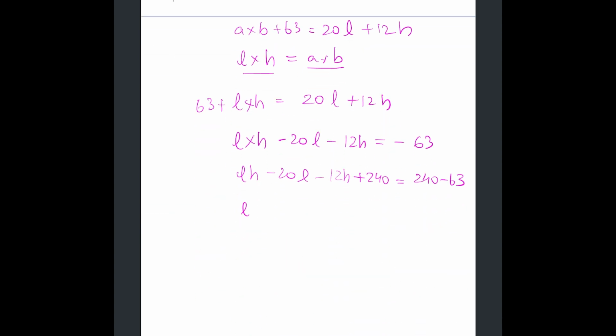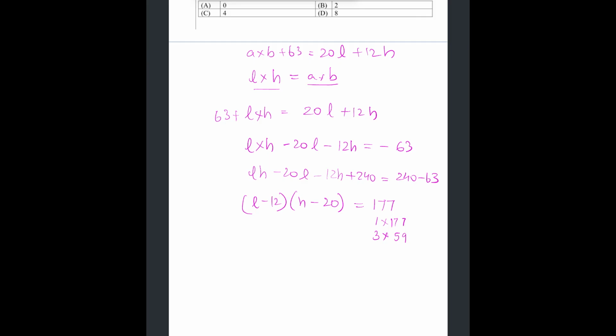So we have (L minus 12) into (H minus 20) is equal to 240 minus 63, which is 177. And 177 can be written as 1 into 177 or 3 times 59, and 59 is a prime. We can't reduce this further. So these are the possibilities.